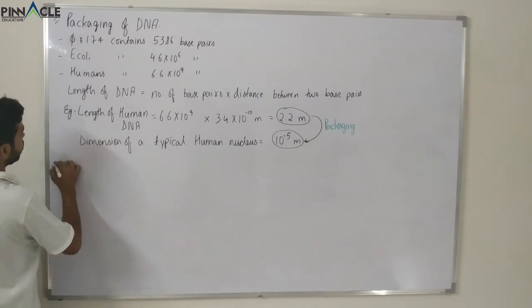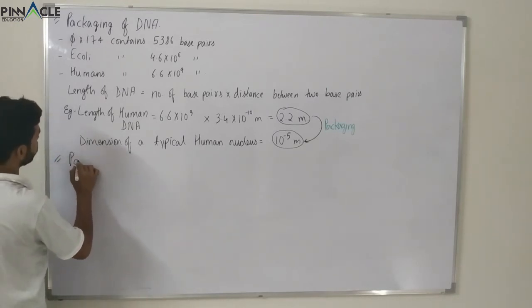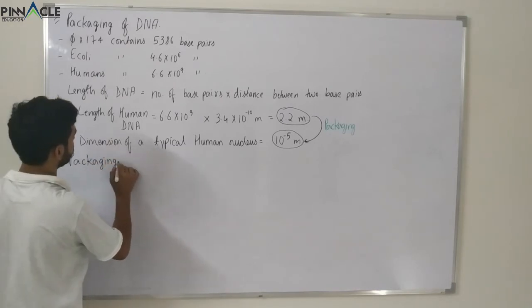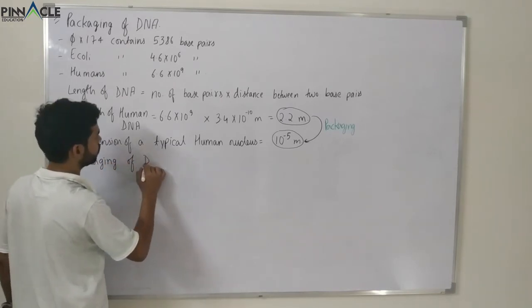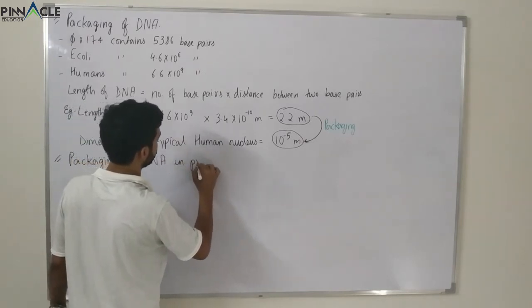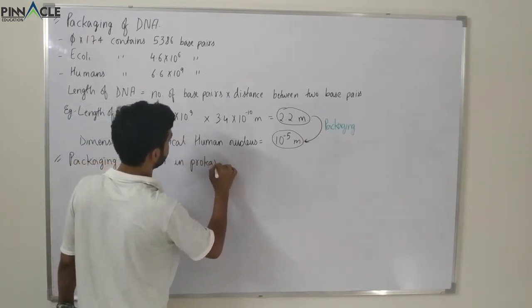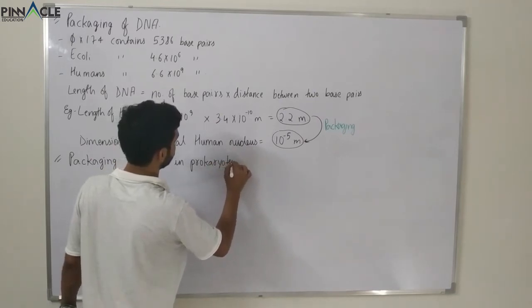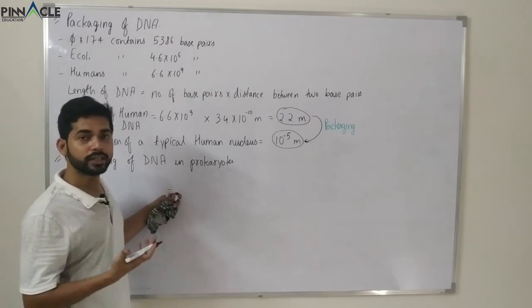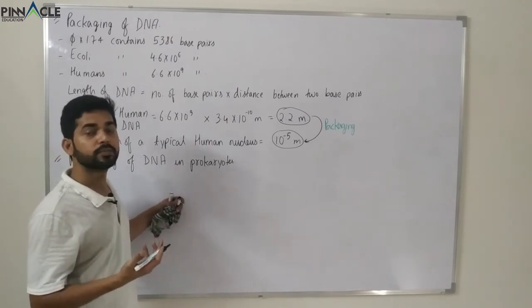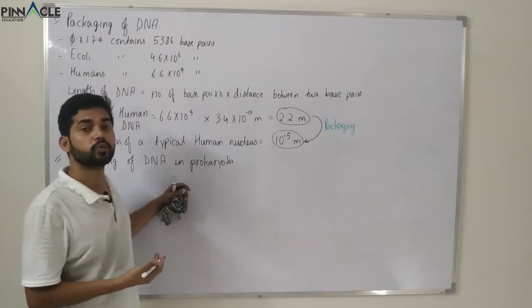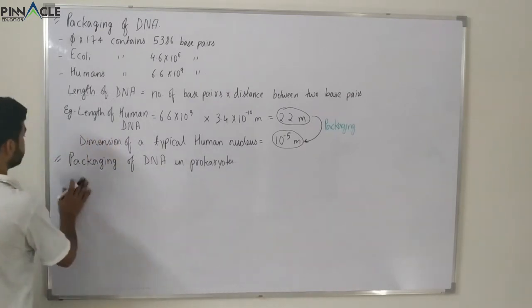We first have to study packaging in prokaryotes. It is very simple: in prokaryotes the DNA does not have the proteins called histone proteins, but it still has some proteins called polyamines.